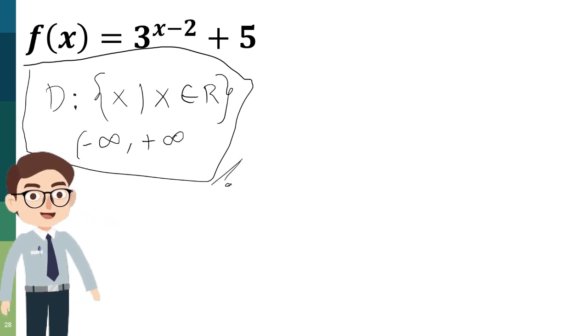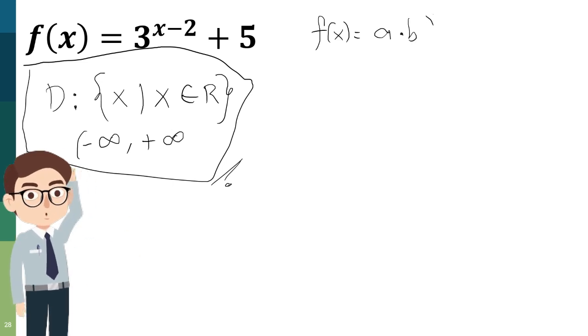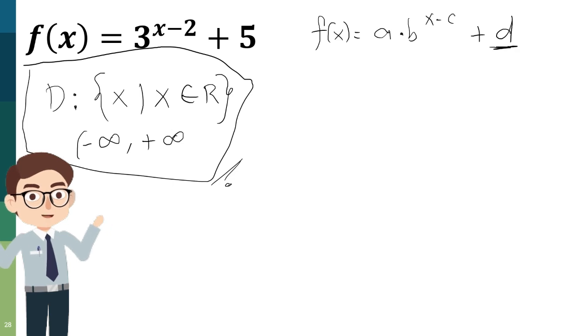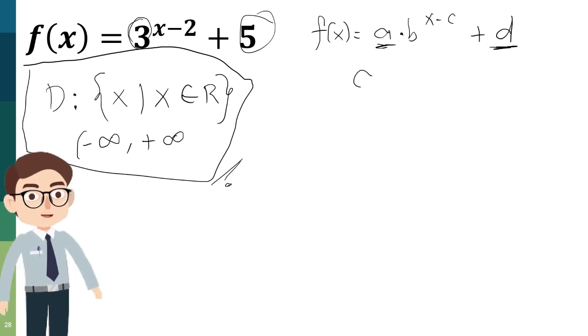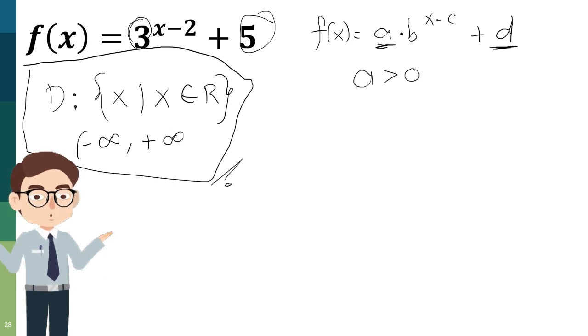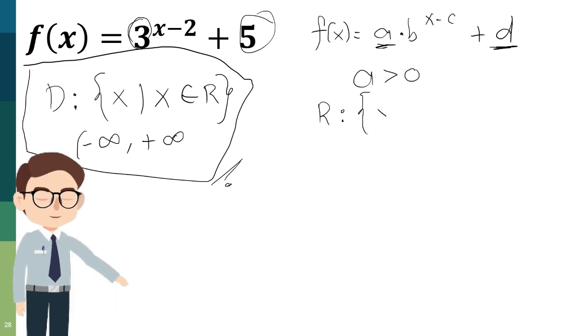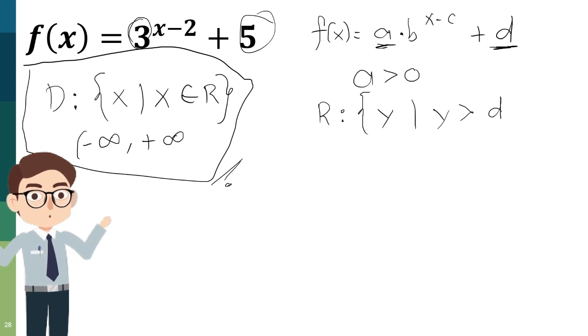As you observe, our function is in the form of f of x is equal to a multiplied by b raised to x minus c, plus d, wherein your d is your horizontal asymptote and your a is equal to 3. As you observe, our a is greater than 0. Therefore, your range is the set of all y such that y is greater than d.